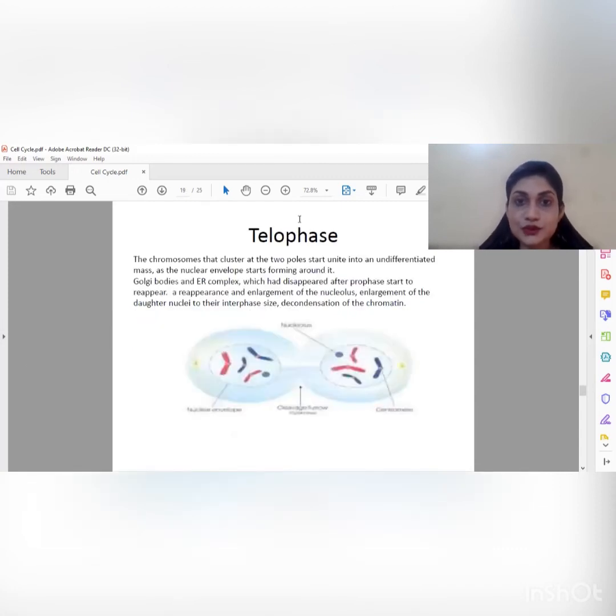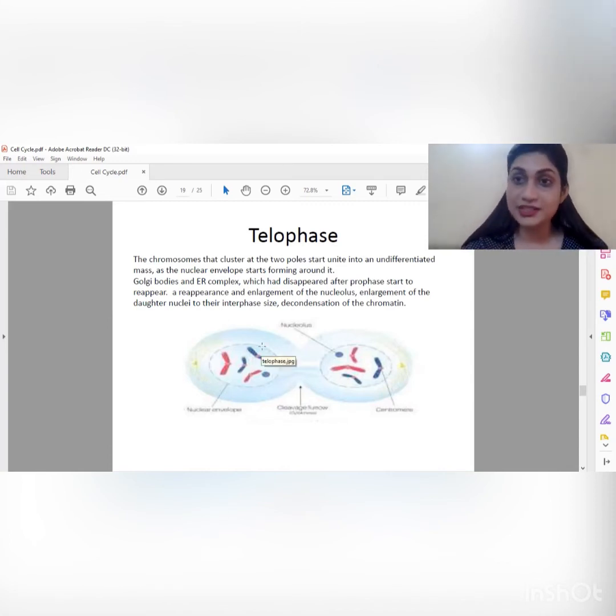Okay, let's move to telophase now. The chromosomes that cluster at the two poles start to unite into an undifferentiated mass, as you can see, and the nuclear envelope starts to form around them. Earlier it had disintegrated and disappeared; now it is reappearing.